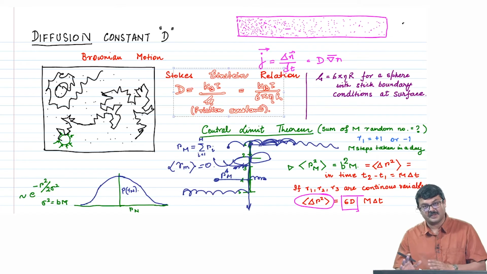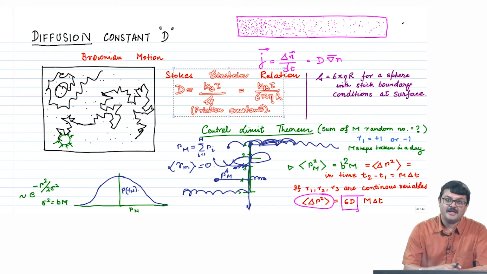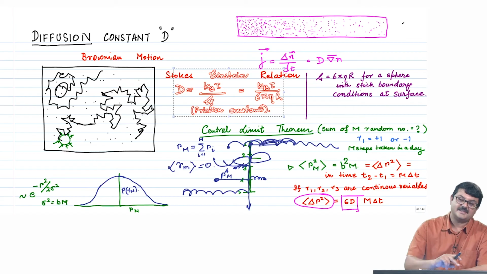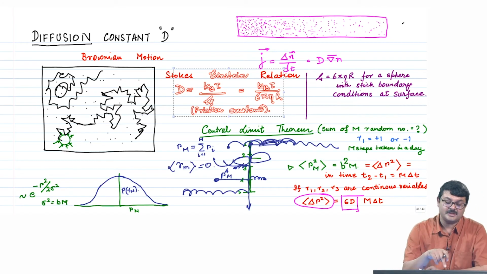In the MD we were working with all particles of the same size, but the same physics is happening in the Brownian motion as well, where you have a micron sized particle dispersed in the fluid, and there again if you increase the temperature, this particle is going to be hit with higher velocities from the fluid particles, due to which the effective force that it is going to feel in a certain time is going to be more. So, it is going to get displaced more on an average, and as a consequence its diffusion, the amount of displacement, is going to be more, right.